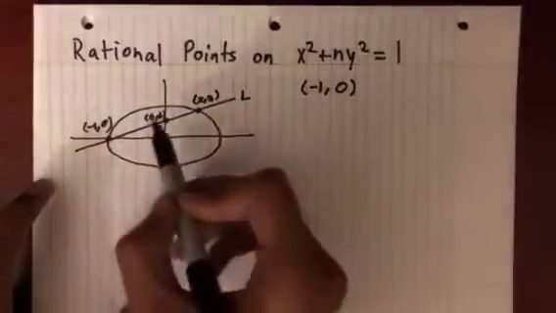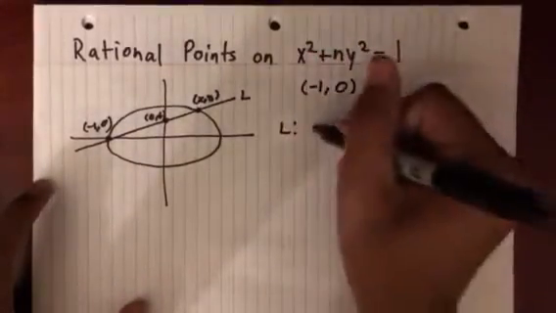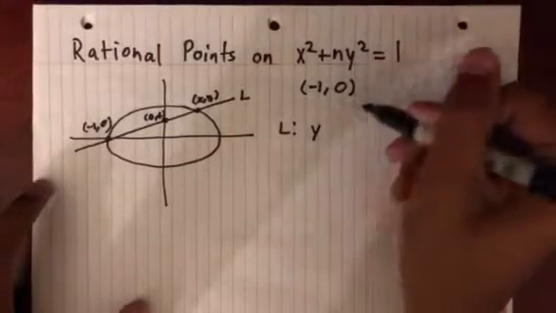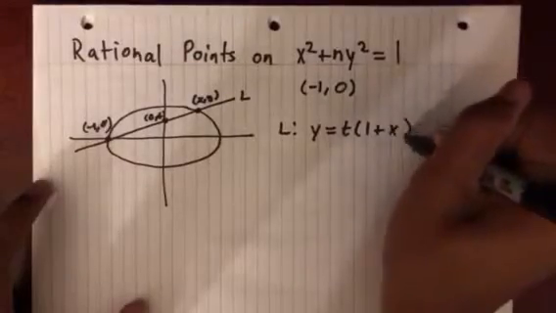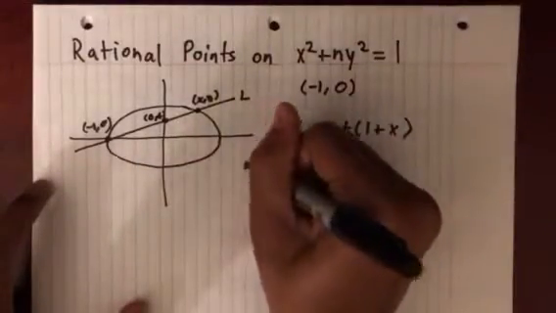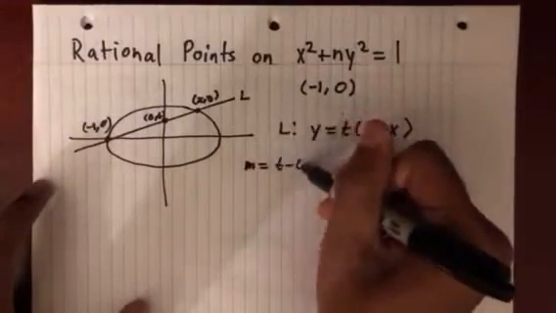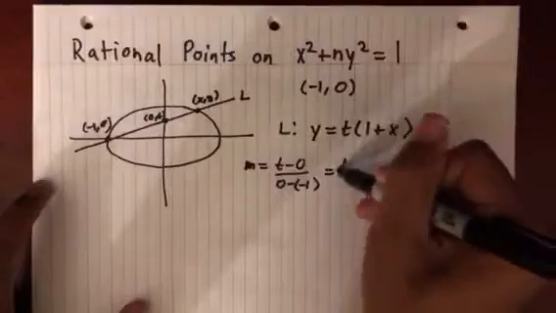Okay, so then we can find the equation of this line L the same way we did before. y equals t times 1 plus x, where t is the slope, right? Because the slope m is t minus 0 over 0 minus negative 1 if I use these two points, which is just t.